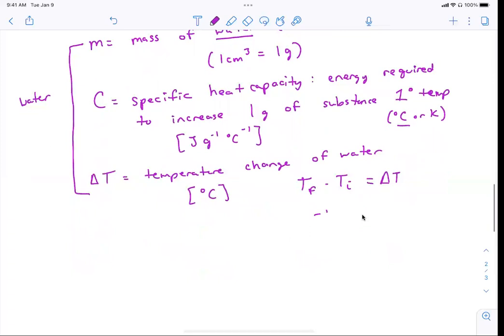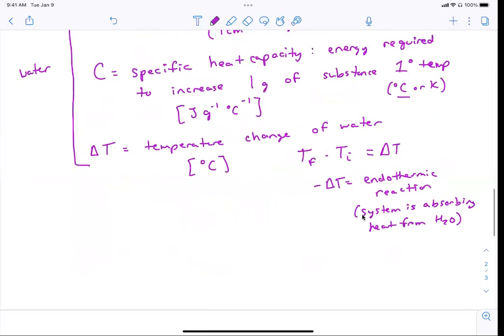So remember, if you get a negative delta T, that's an endothermic reaction because the system is absorbing heat from the water. If it's positive, that means it's exothermic because the water is absorbing heat from the system. That's why the temperature is getting hotter.